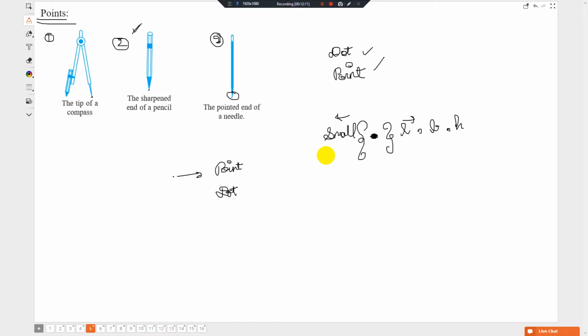And its features, facts also we can write over here. Small, and it will be less than 1 millimeter. Okay, so these are the facts.